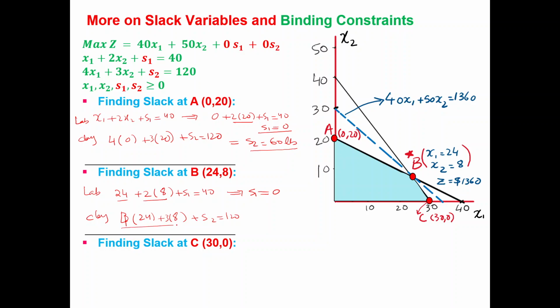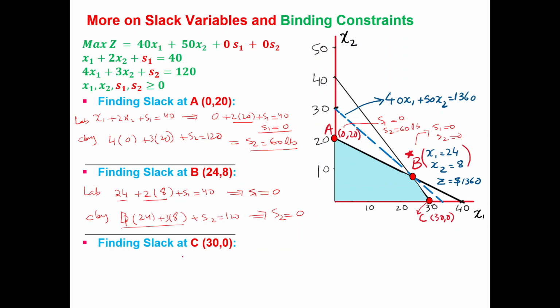As these numbers sum up to 120, this also implies that s2 is equal to 0. So at point B, which is our point of concern, s1 is equal to 0 and s2 is equal to 0. At point A, s1 is equal to 0 and s2 is equal to 60 pounds.